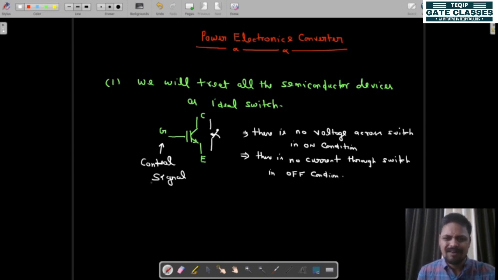So it is behaving just like a mechanical switch you use in daily life. On you press on, release, off, and there will be no power loss.